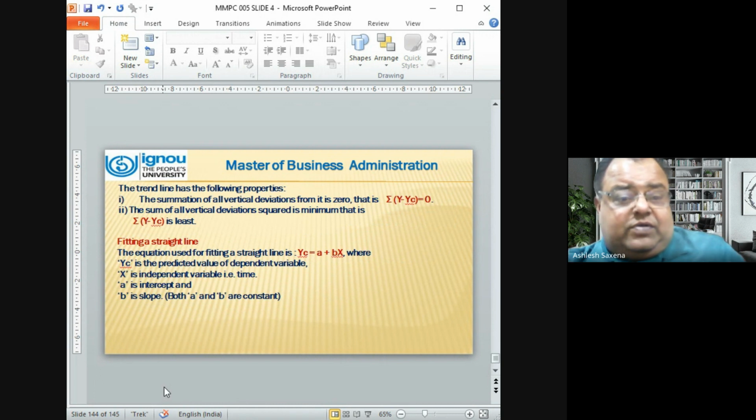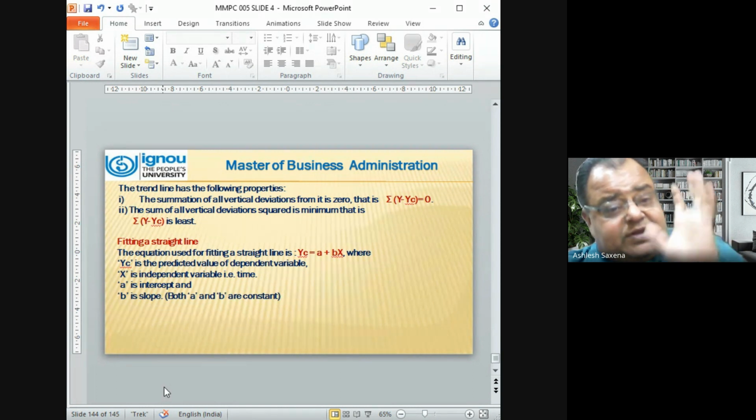The trend has the following properties. The summation of all vertical deviations from it is zero. That means the summation of y minus yc will be equal to zero. The sum of squared deviations is minimum, that is why the summation of (y minus yc) squared will be the least.